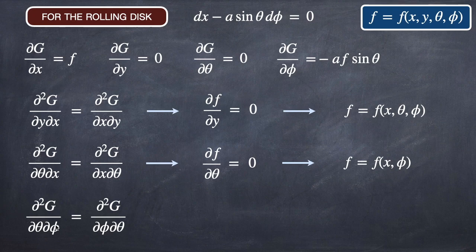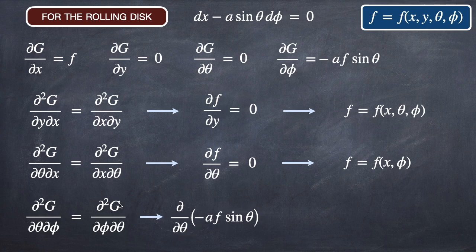And if we do another combination of partial derivatives, del g del phi is equal to this quantity. And then we have the partial derivative of this quantity with respect to theta.